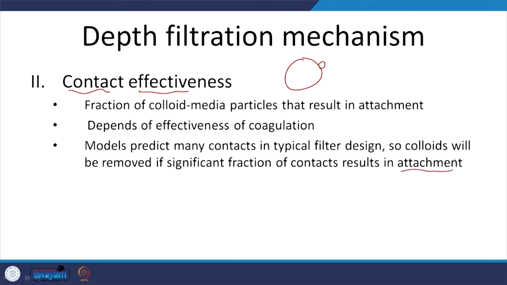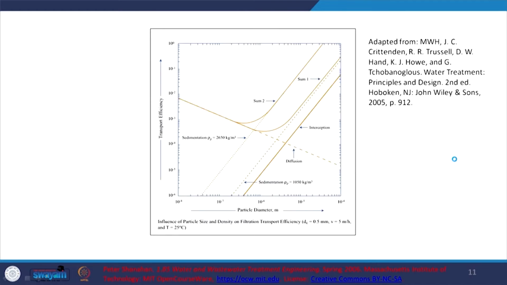So, again that is a different thing, it just means that not all interactions or contacts lead to attachment and removal. So, we talked about removal by diffusion, removal by interception and removal by what else? Sedimentation. Let us see which mechanism predominates at which particle size.